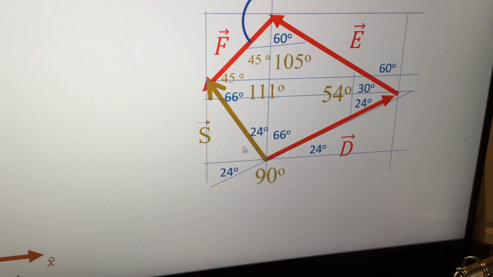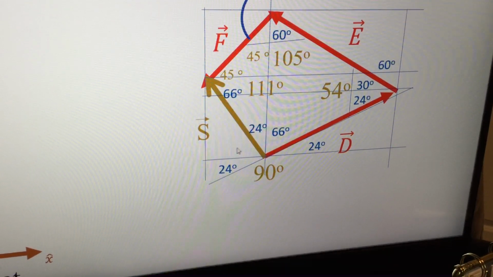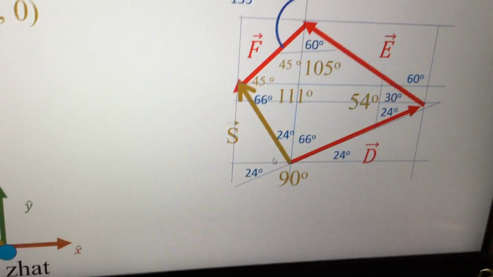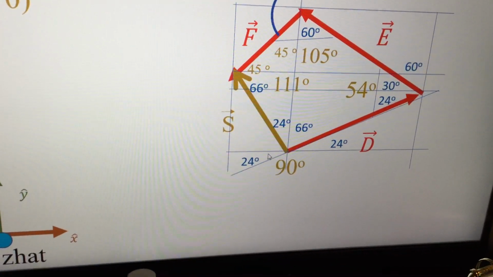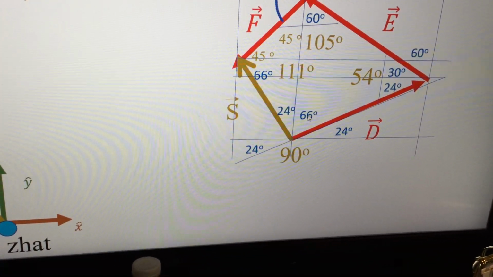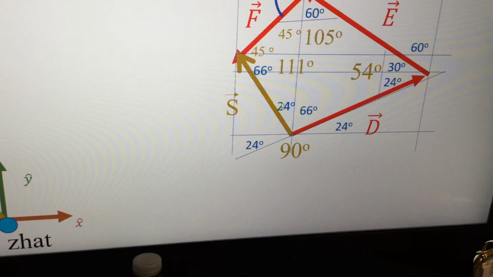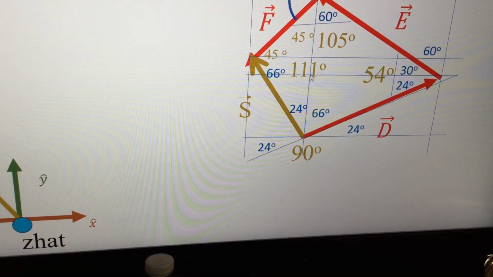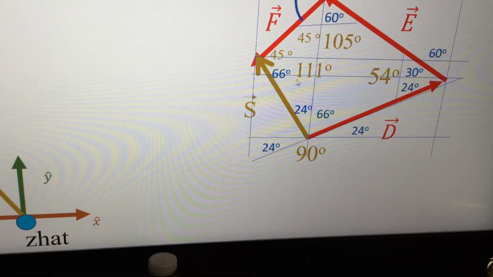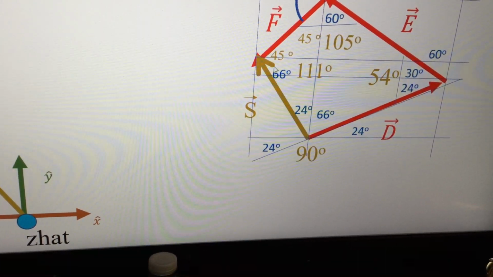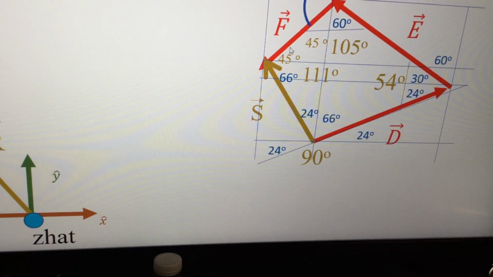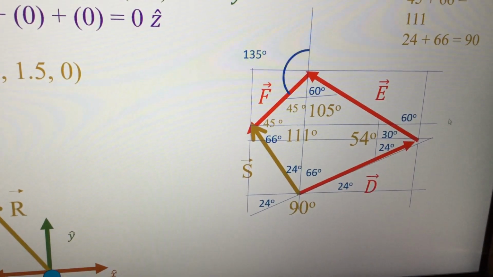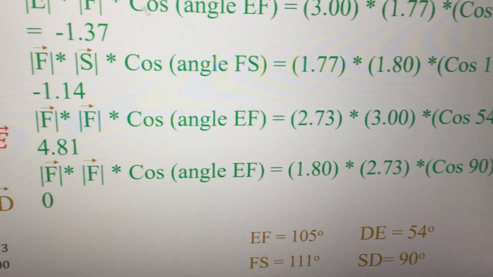Now if you have 90 here, this is supposed to be 66, that's for sure. If you look closely, there seems to be another 90 over here. So you get 24 over here and then 90 degrees. If you have 24 and 90, the angle is going to be 66. Again, 60 plus 45 gives 105 degrees. So you have our angles cleared up.